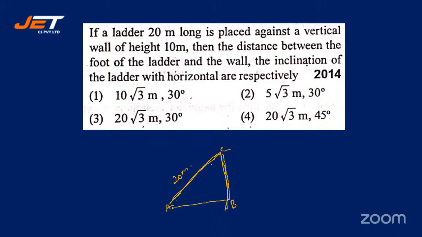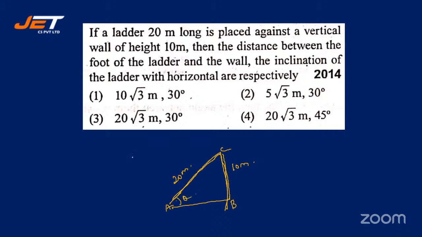Okay, of vertical, the wall is 10 meter. So the question here, and he says, the inclination of the ladder with horizontal are respectively dash. Right? So here we have opposite side, so here, of course, this is theta.